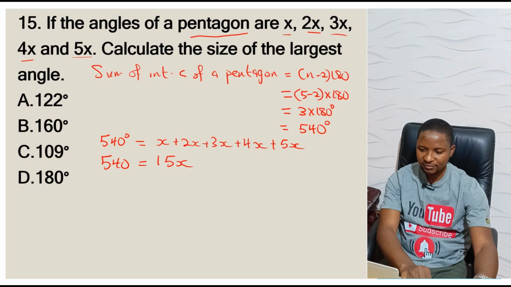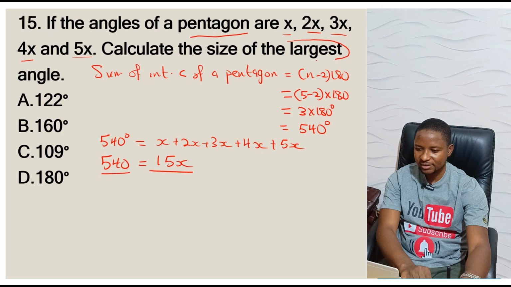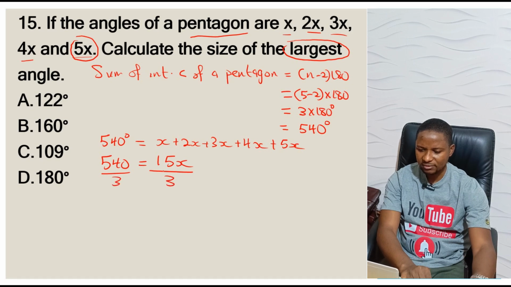I'll use a shorter method, even though a lot of you want me to divide by 15, but I'm not going to divide by 15. The question says, find the size of the largest. And the largest here is what? 5x. So what do I do to get 5x here? I just divide by 3. Because if I divide by 3, I have my 5x. And this is the largest that I'm looking for.